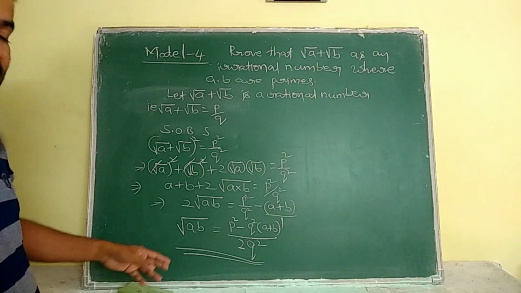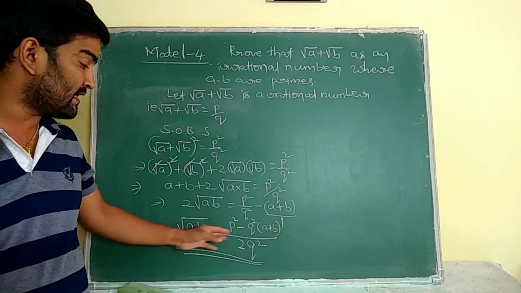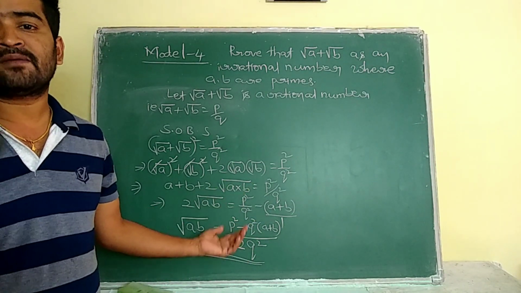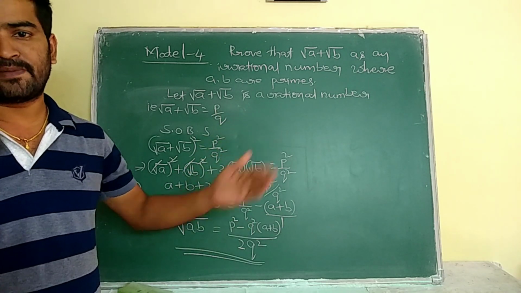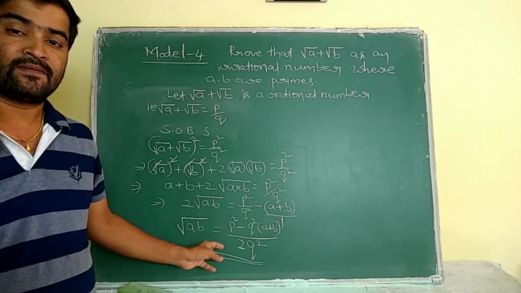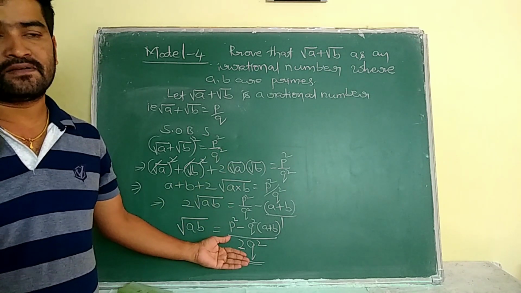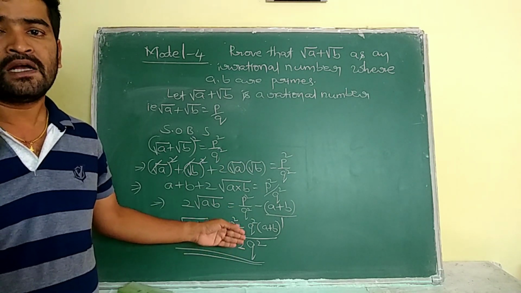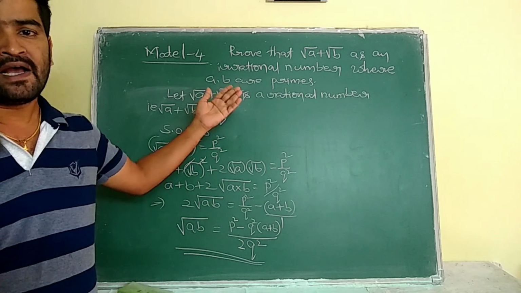Here we know root ab is an irrational number, but it is obtained as some x by y. An irrational number cannot be expressed as a fraction, some x by y, but here we obtained that. So this is a complete contradiction. A contradiction is a statement which completely opposes the assumption.